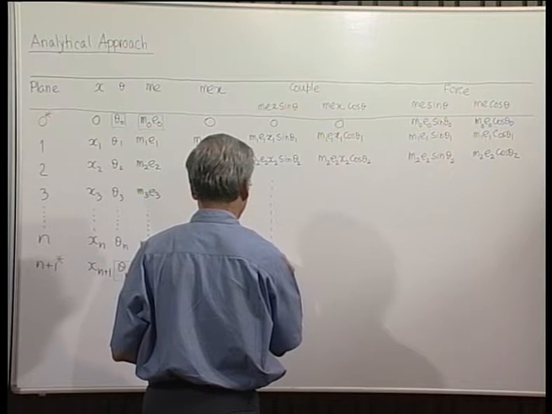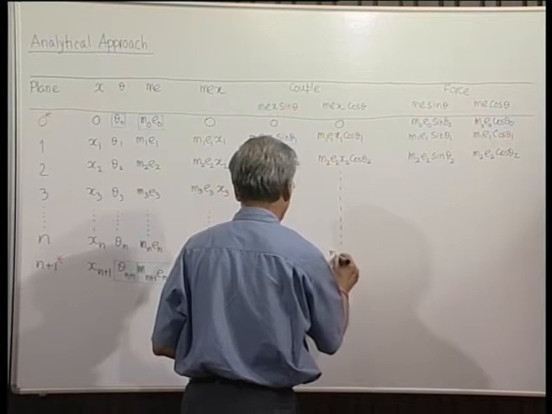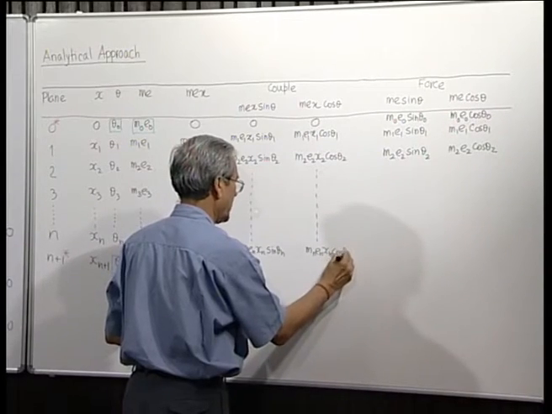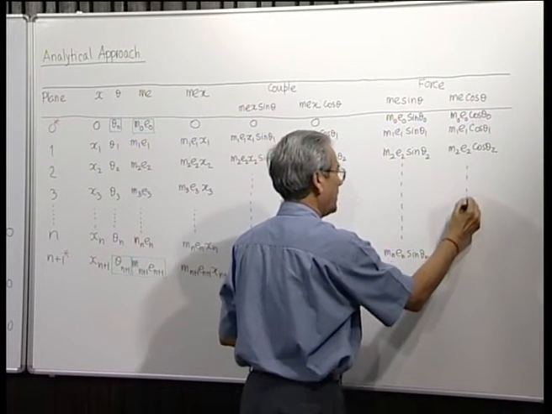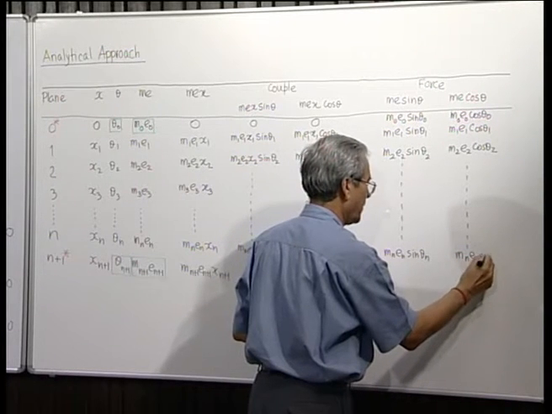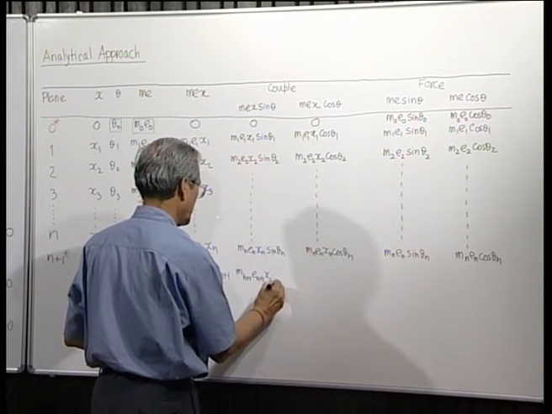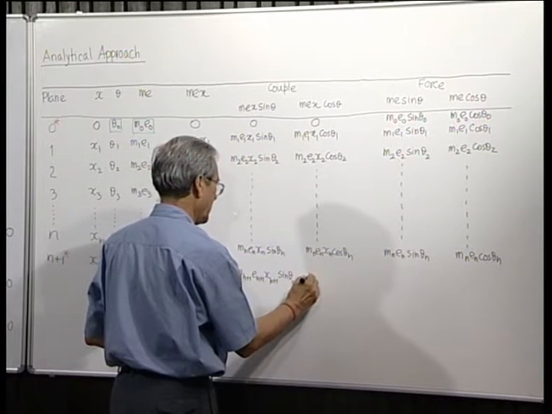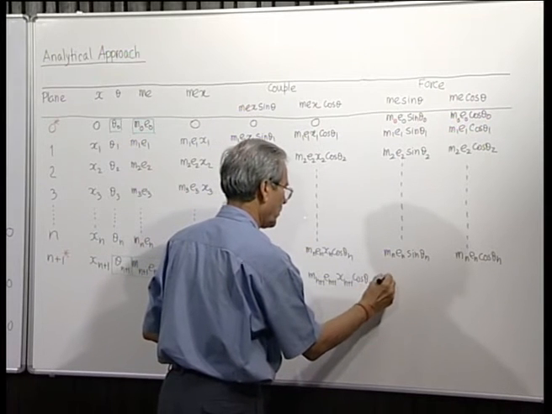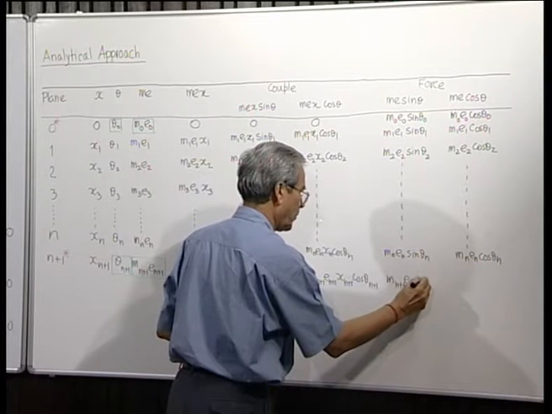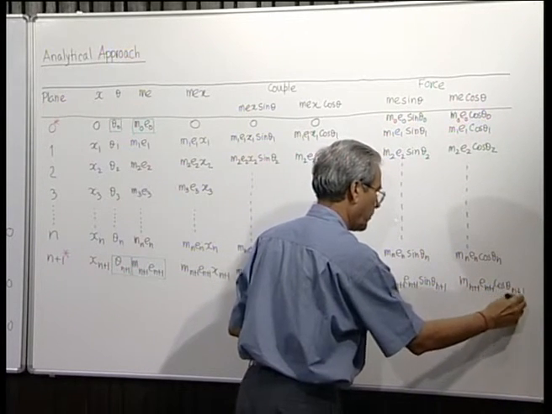It will be m n e n x n sin theta n, this will be m n e n x n cos theta n, this will be m n e n sin theta n, this one will of course be m n plus 1 e n plus 1 x n plus 1 sin theta n plus 1. So, our table is complete.